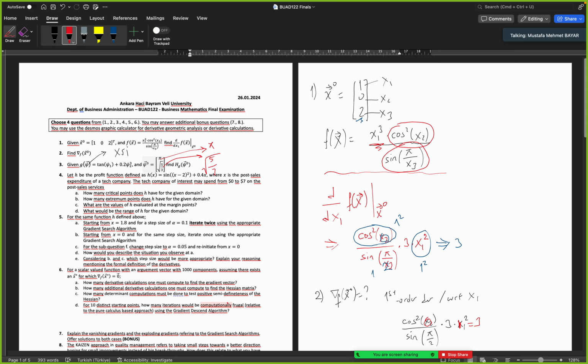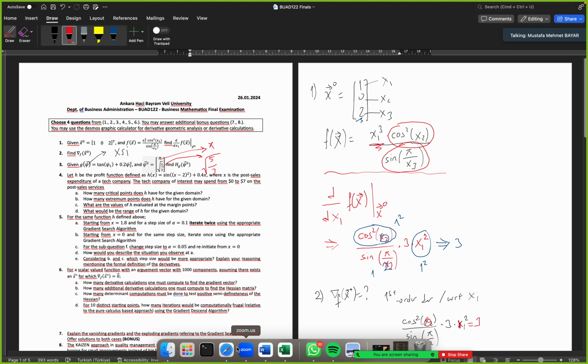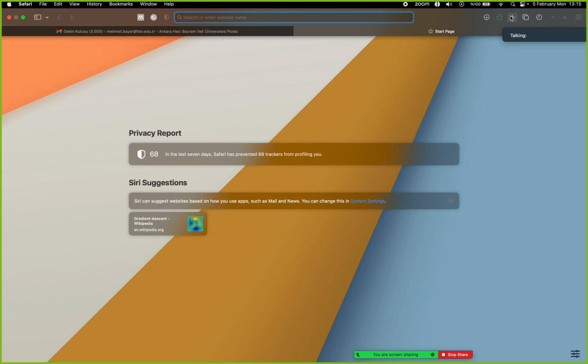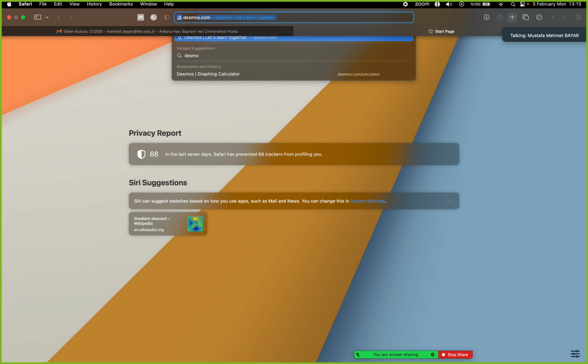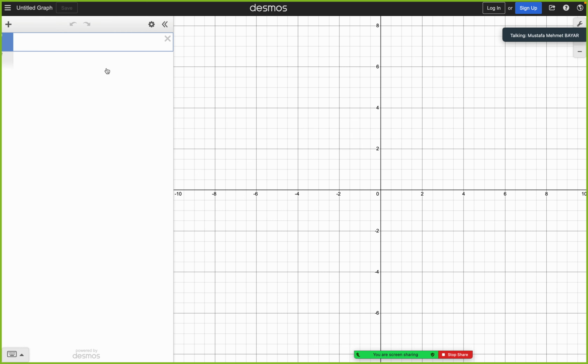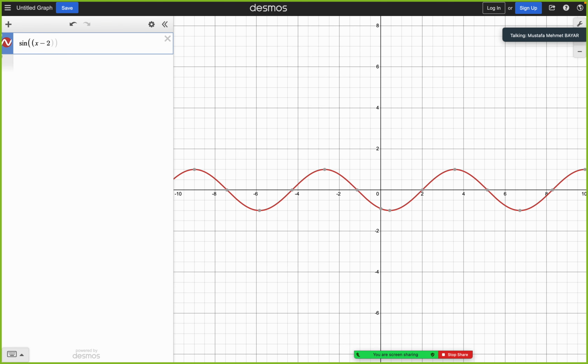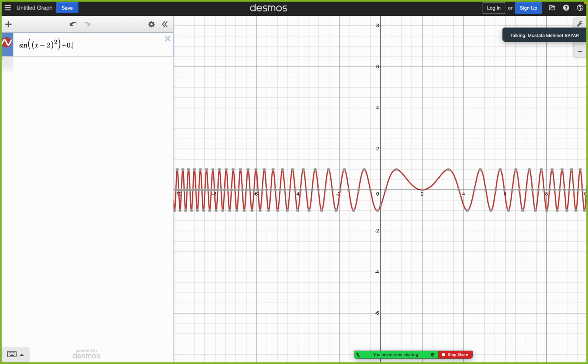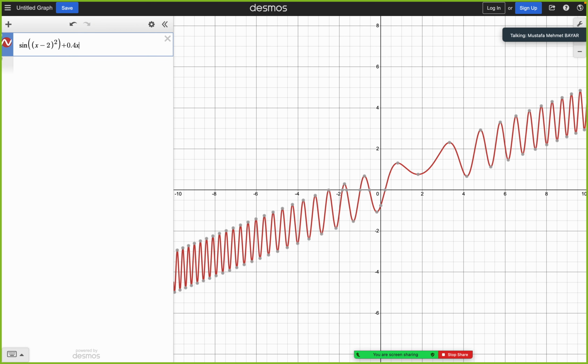Okay, so for the fourth question, I will use the Desmos graphing calculator. So let me just get to the web page first. So this is the graphing calculator, and that is going to be your function, sine of x minus 2 squared plus 0.4x.